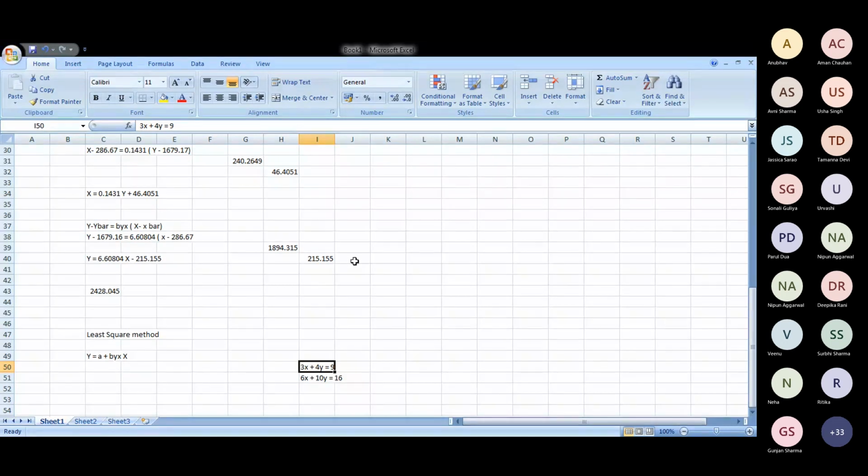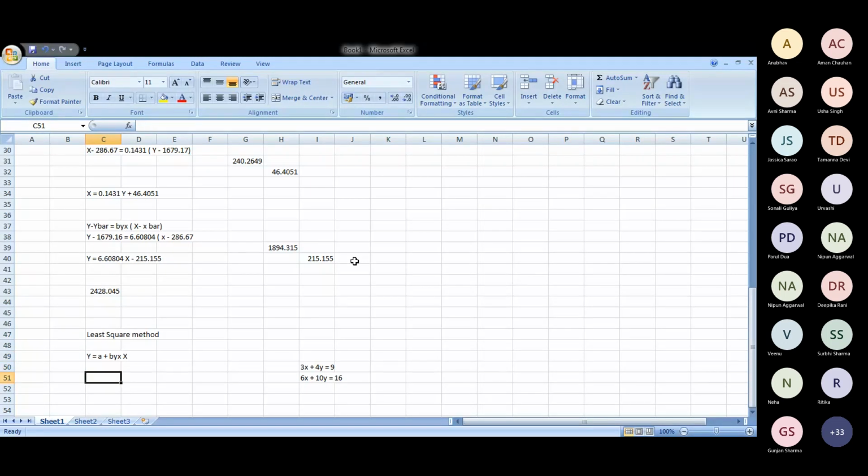Subtracting the two equations, x gets eliminated and we get the value of y. Putting this value of y in any of the equations, you get the value of x. On the same principle, we'll apply the least square method. Ultimately, we want two equations to solve this linear equation in two variables.